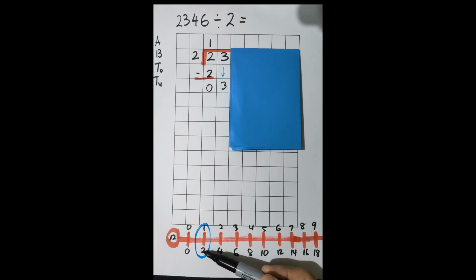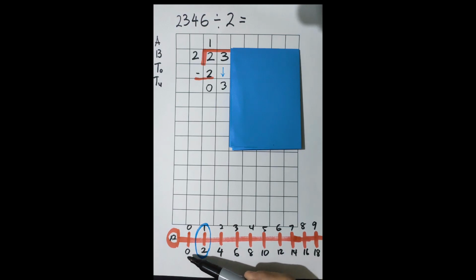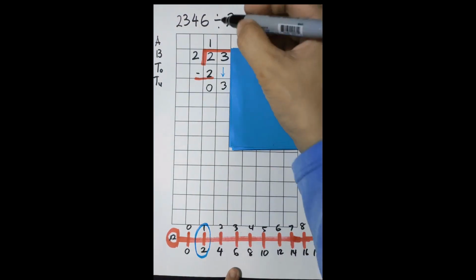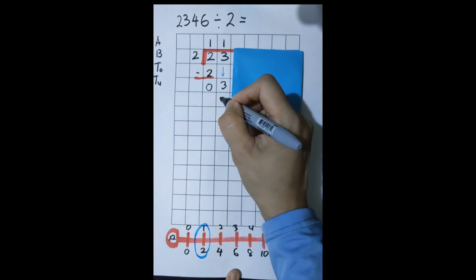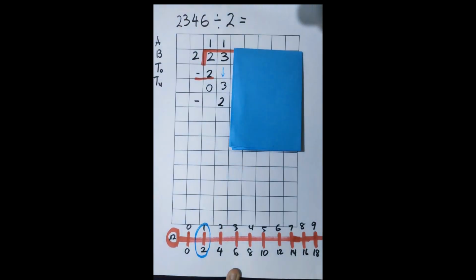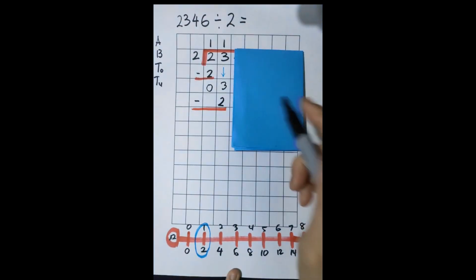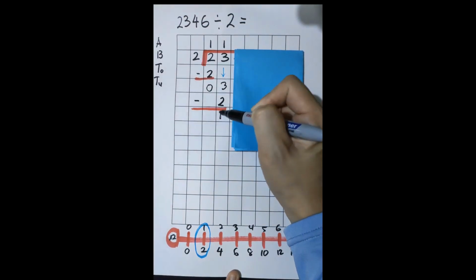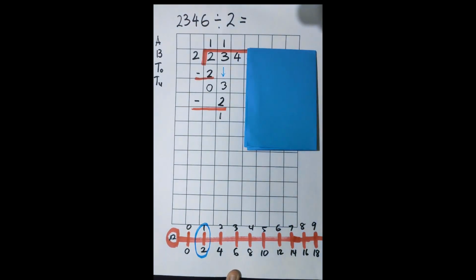So 2 is smaller than 3 and it is nearer to 3. 0 is also smaller than 3, but it is much further away than 2. 2 masih dekat lah. So 2 lah. So atas, bawah, tolak. 3 minus 2 is 1, and then you bring down the next number.